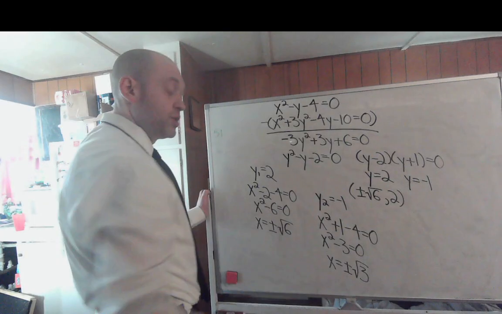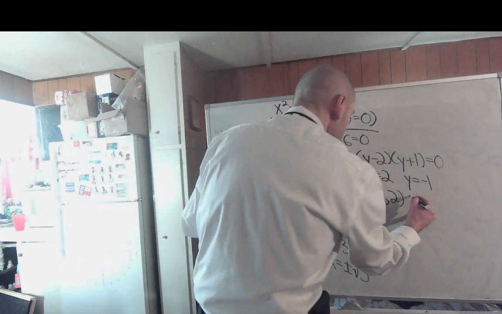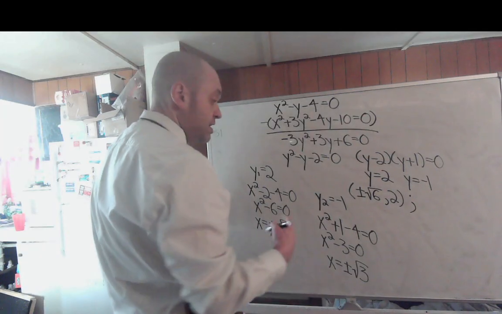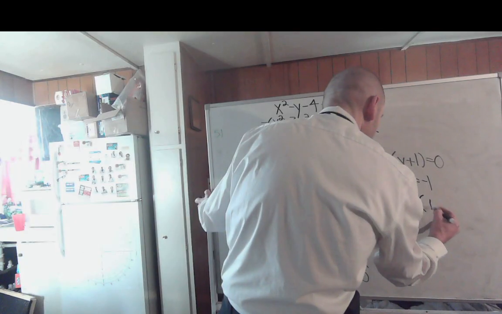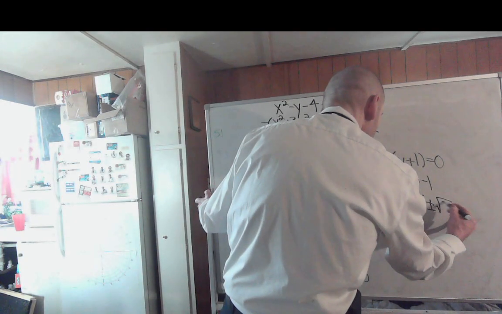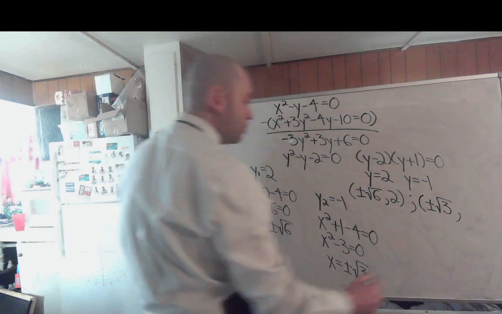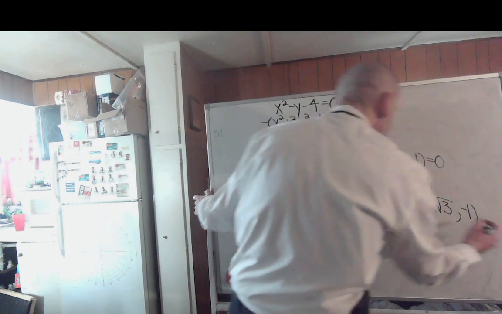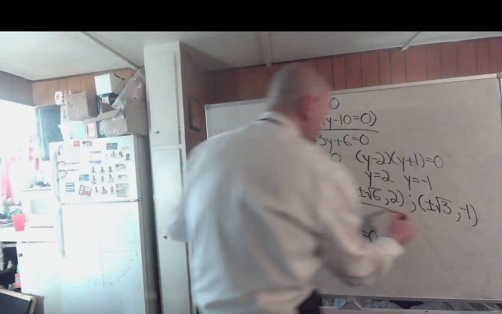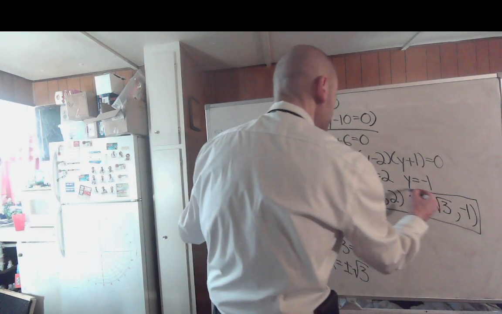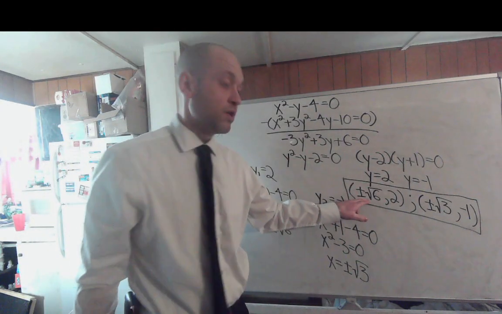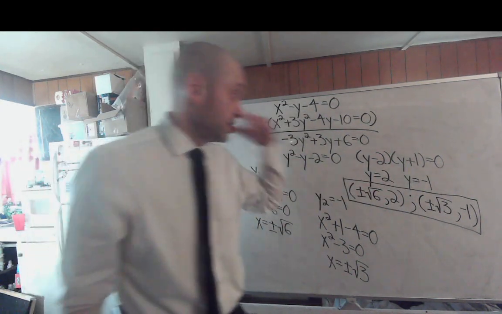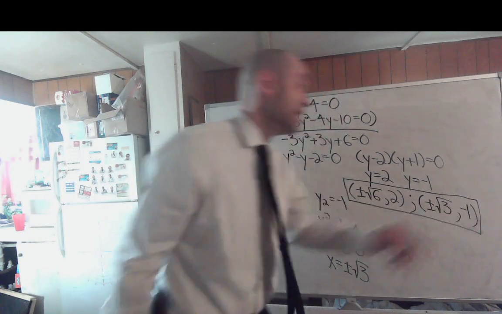So what do you know? You have yet 2 more points of intersection. For these next two, you'll have two x coordinates of both plus and minus the square root of 3, but your y coordinate will only be negative 1. So this parabola and ellipse have 4 points of intersection at plus and minus the square root of 6, 2, and plus and minus the square root of 3, negative 1.